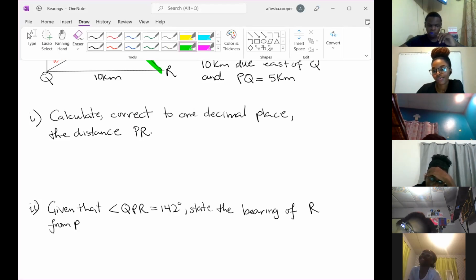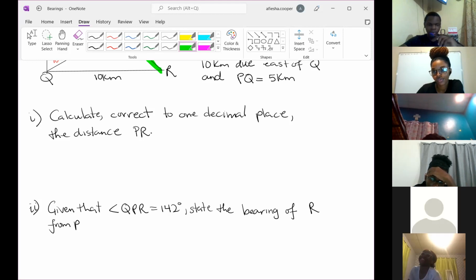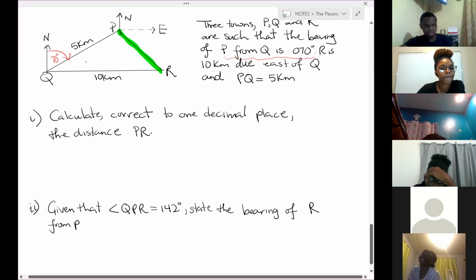Let's find angle Q. How do we do that? That's 90 degrees, subtract 70. So angle PQR is equal to 90 degrees subtract 70 degrees. Very good, because our right angle is formed between those two straight lines, which is 20 degrees inside here.